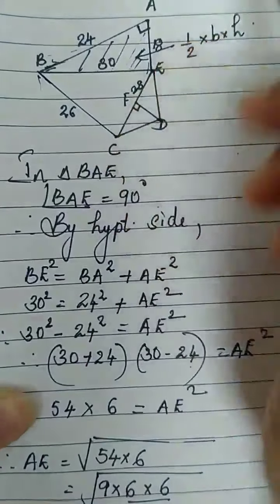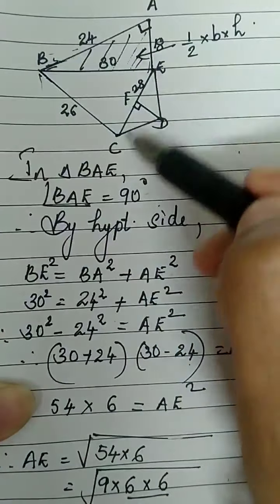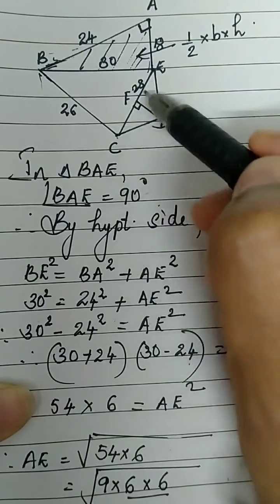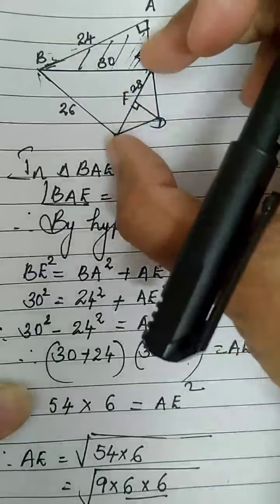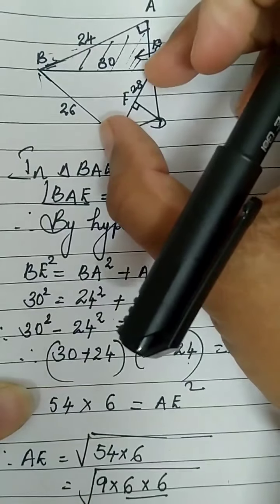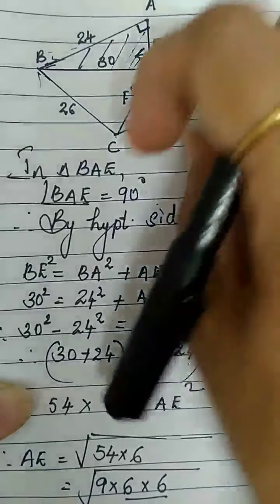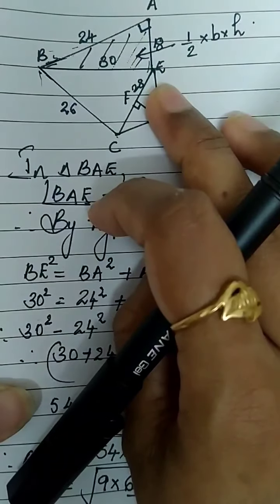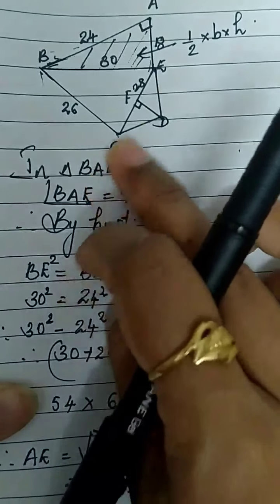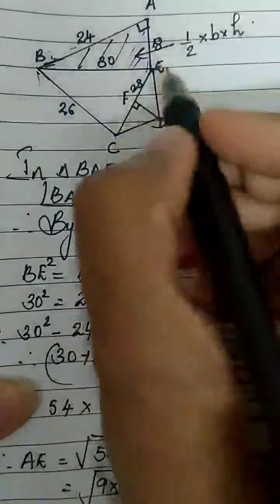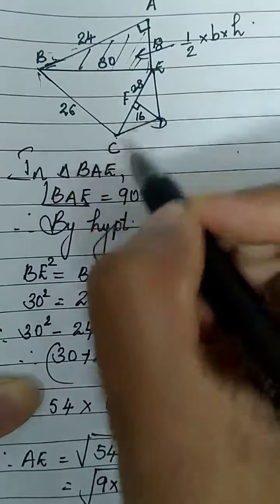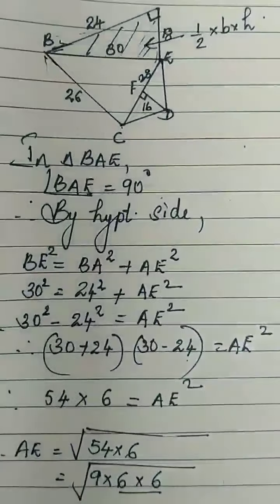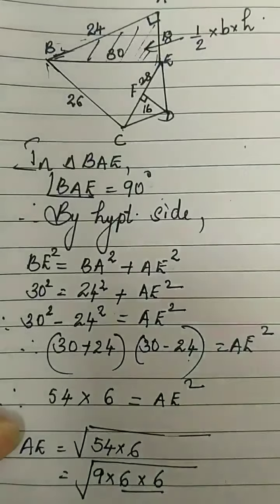And for this triangle CDE, you know the base is CE. This whole thing CE is 28, children. Base into height. Height is given as 16. So use the formula and get the answer.